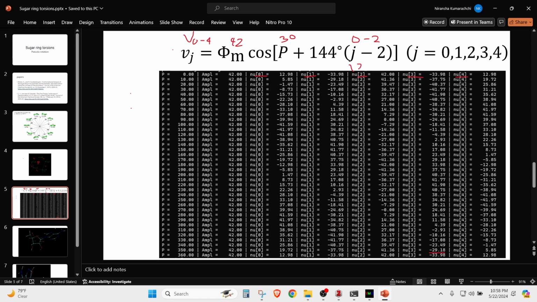So this one, this one, this one, and this one. So mu1 is 16.8. Next, visualize this one. Mu2 is 10 degrees. Okay, this is mu4 visualized now. This is minus 30.